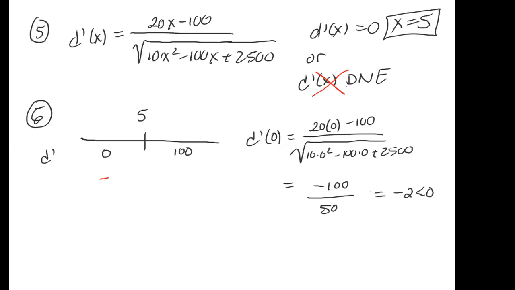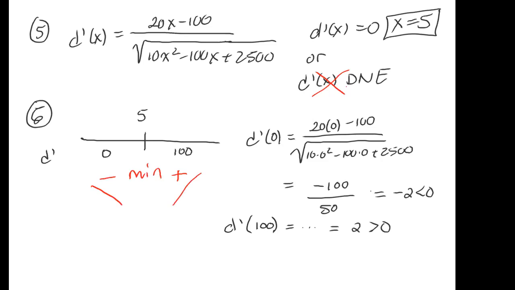So it's negative here. You could similarly say that d prime of 100 is equal to, I won't go through the calculations, but it's equal to positive 2, which is greater than 0. That's all that I care about. That's positive. So the graph is decreasing in this interval. It is increasing in that interval. This indeed does give us the location of a minimum.